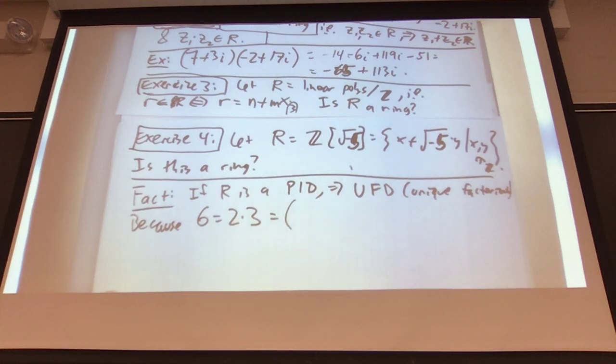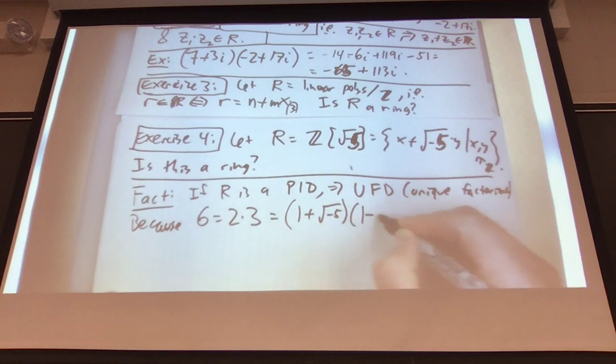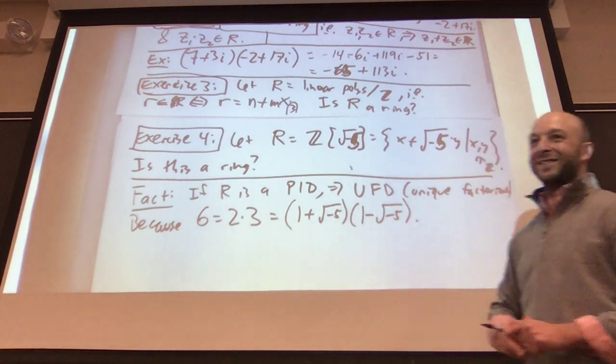Devendra? Do you know how else you could factor 6? Okay, 1 minus something. Is that with the golden ratio thing? The golden ratio is with a plus here instead of a minus.